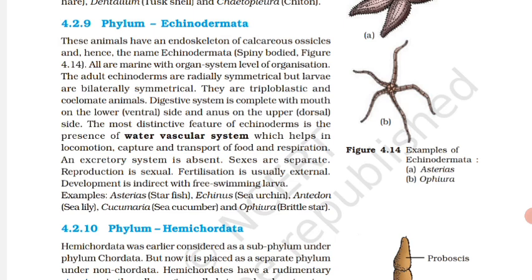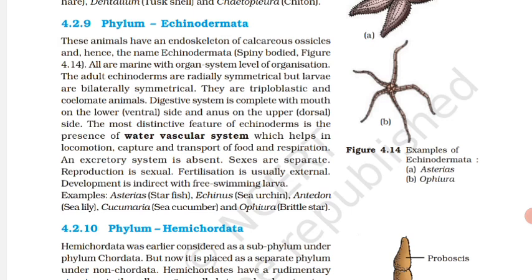In chordate, pharynx is perforated by gill slits, and in non-chordates, gill slits are absent. In chordates, heart is ventral, and in non-chordate, heart is dorsal. In chordate, a post-anal tail is present. In non-chordates, post-anal tail is absent.